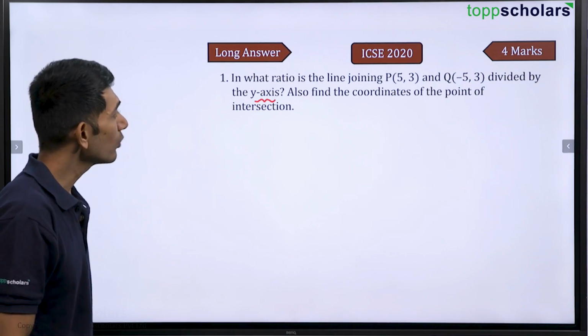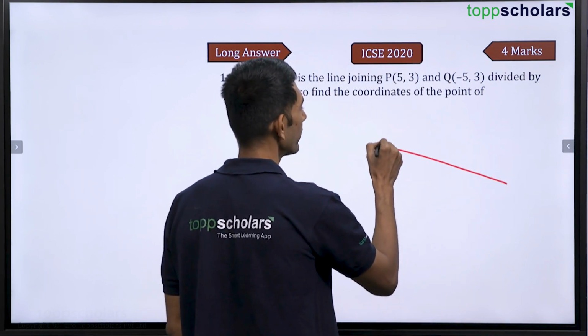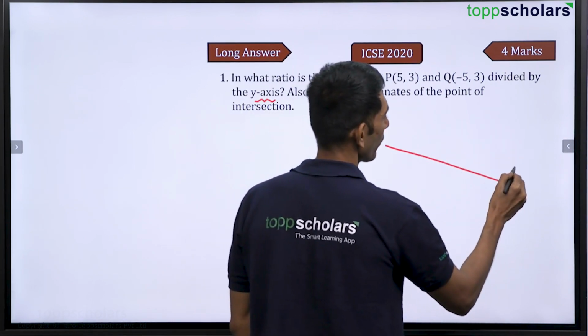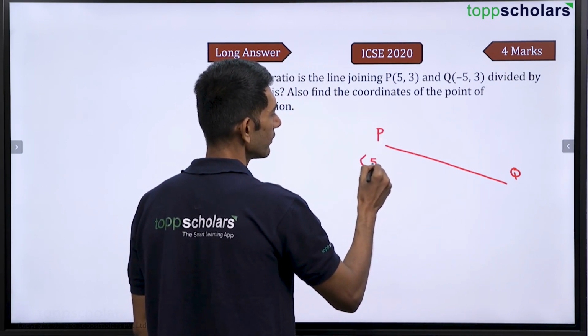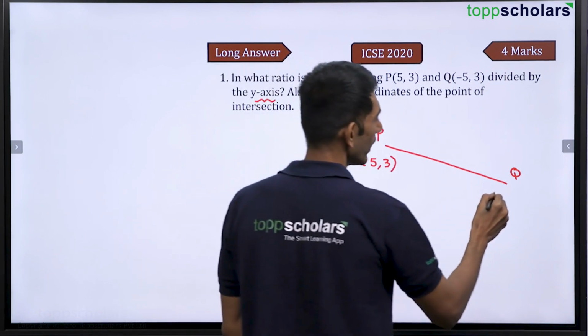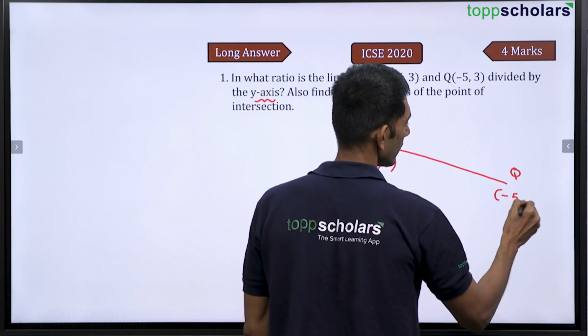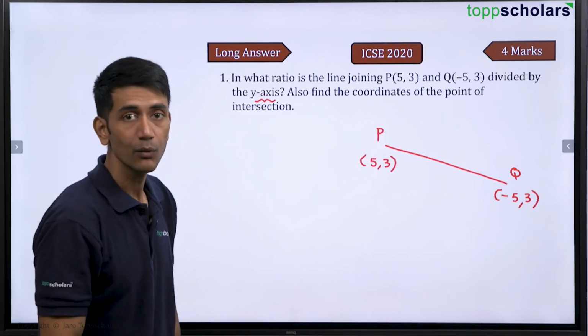So it says, in what ratio the line joining the points. So there are 2 points. There is point P, there is point Q. The coordinates of point P are (5, 3). The coordinates of point Q are (-5, 3). And it is divided by the y-axis.